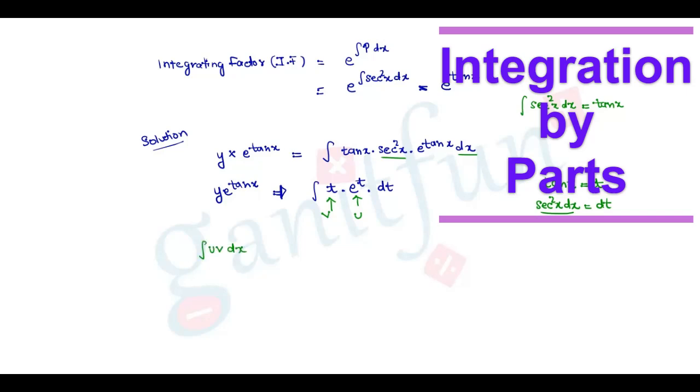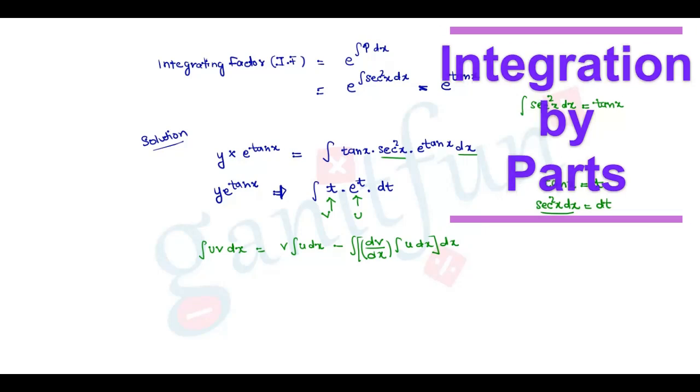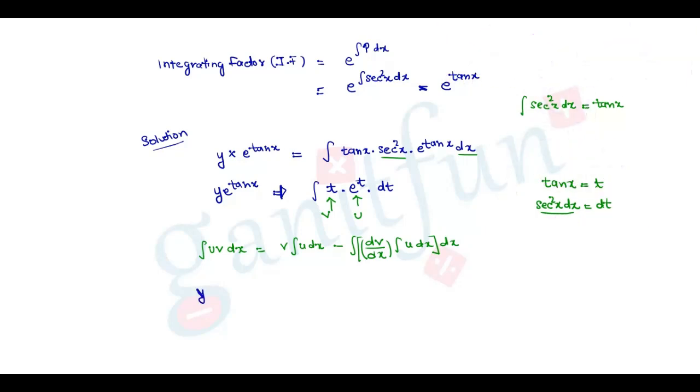Now if the integration of u v dx is done, we have to use this formula, which is v integration of u dx minus dv by dx multiplied by integration of u dx, and we integrate this whole thing with respect to dx.